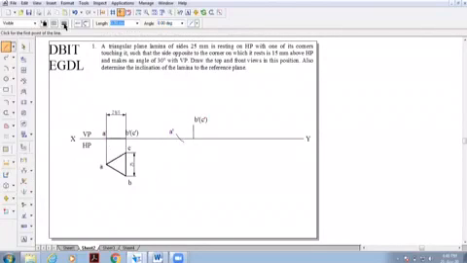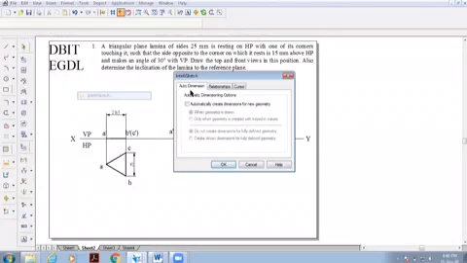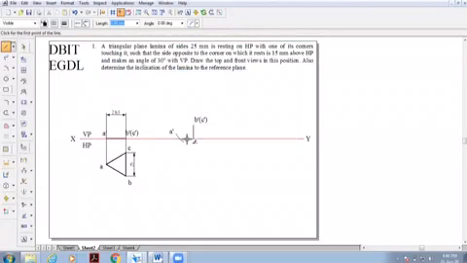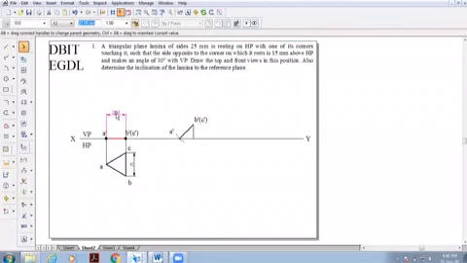Now, using a thick line, you can draw this. From this intersection point, join to B dash C dash. After this, you can remove these dimensions and these arcs.